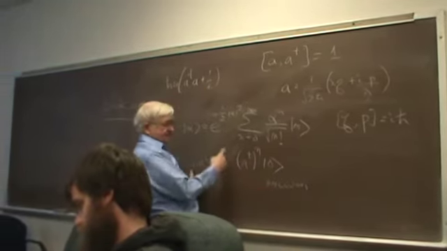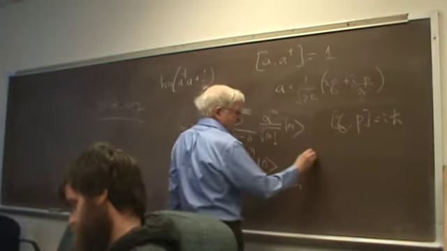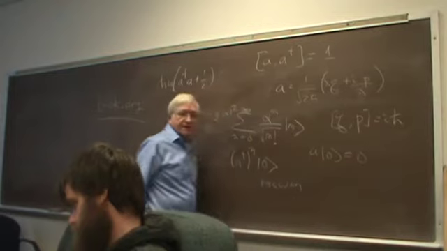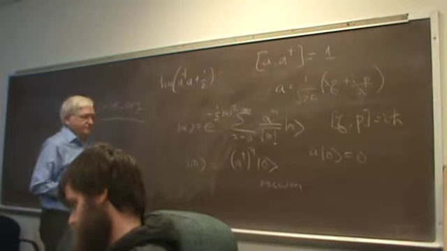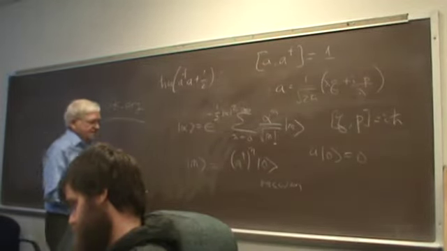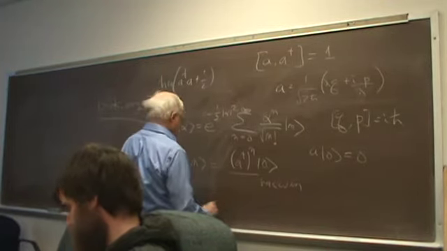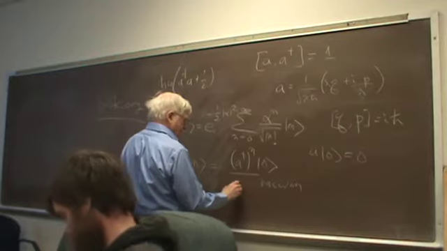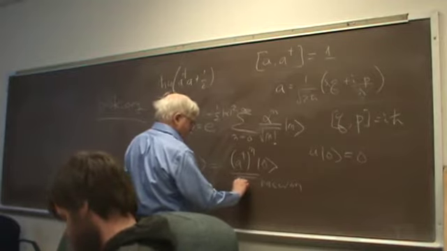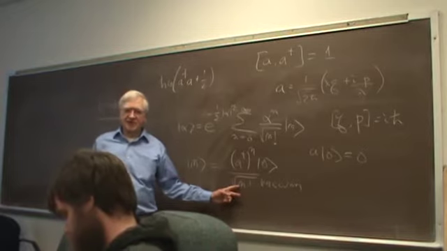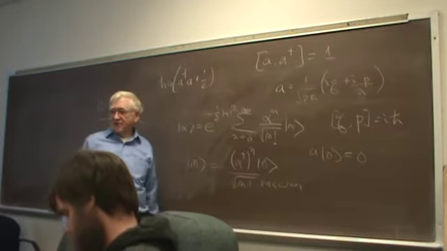It's the ground state of this particular oscillator, and A annihilates the ground state. Now there's a normalization: I think we have to divide by a square root of either n or n plus 1 factorial. I don't remember. It's one or the other. And anybody remember?